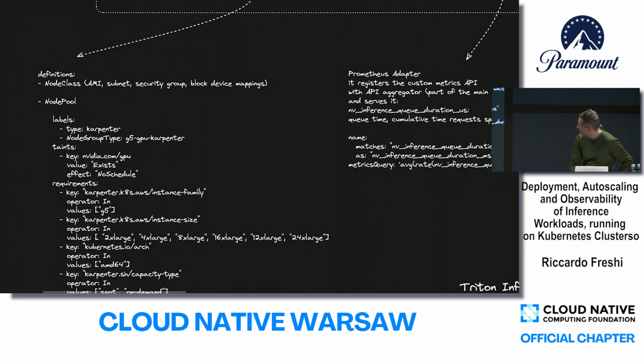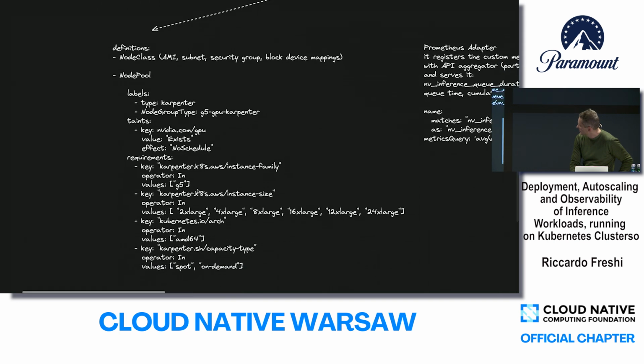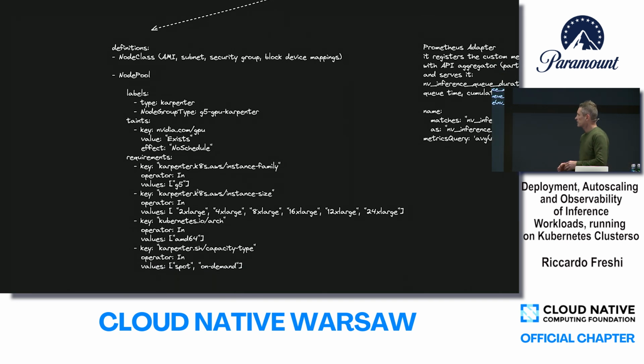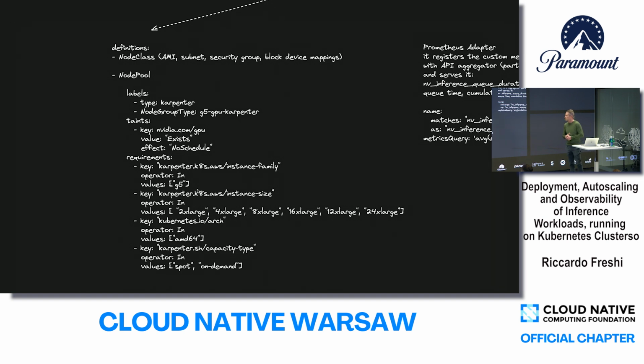The objects which Carpenter uses most are the node class and the node pool. The node class is an object that encapsulates information like the machine image and subnet security groups and other specific properties of the node that we want to create.